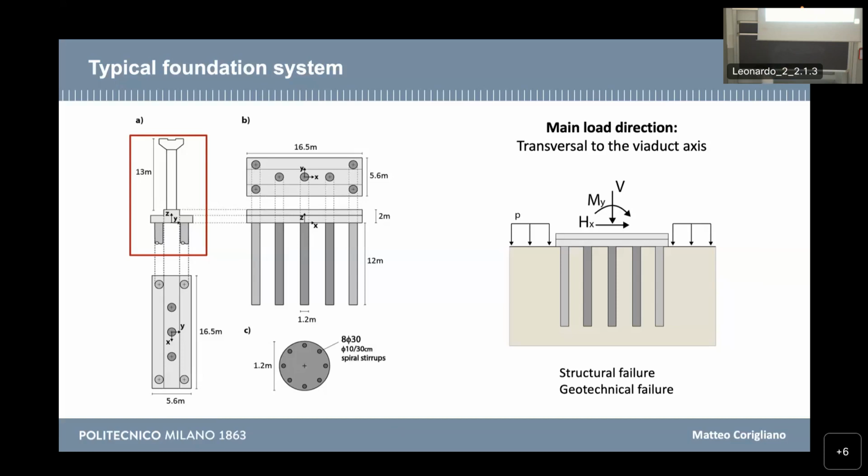So the piles could be verified only considering the vertical action coming from the superstructure, while in the picture at the right, I reported a scheme of the foundation with the loads acting on the superstructure, considering also the seismic action. And we have not only the vertical load, but also a bending moment and a horizontal load, whose effect is fully coupled.